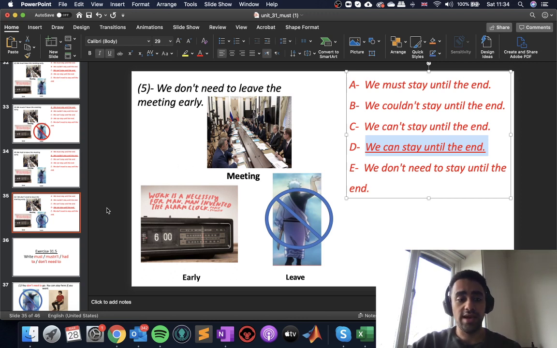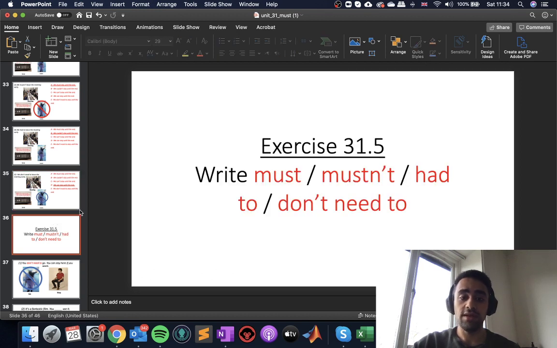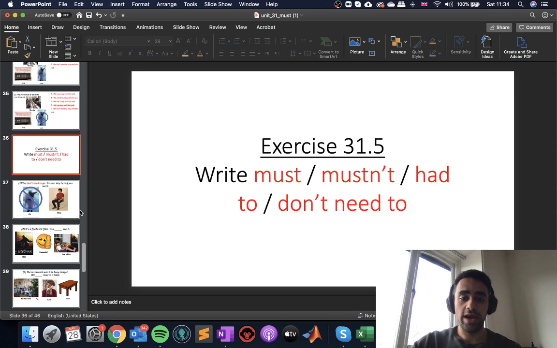All right. Then this is the end of exercise 31.4. We will go to exercise 31.5, where we use must, mustn't, had to, don't need to.